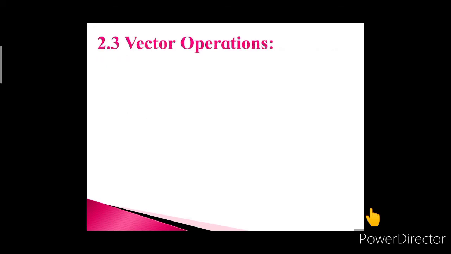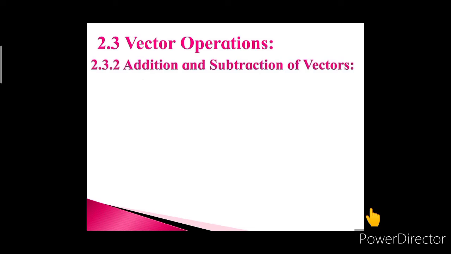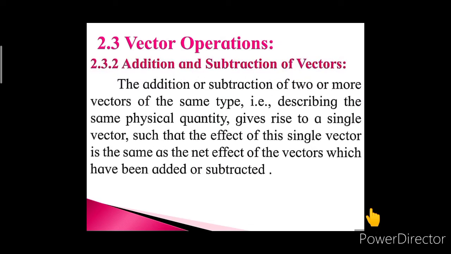The next vector operation is addition and subtraction of vectors. The addition and subtraction of two or more vectors of the same type, that is describing the same physical quantity, gives rise to a single vector such that the effect of this single vector is the same as the net effect of the vectors which have been added or subtracted.